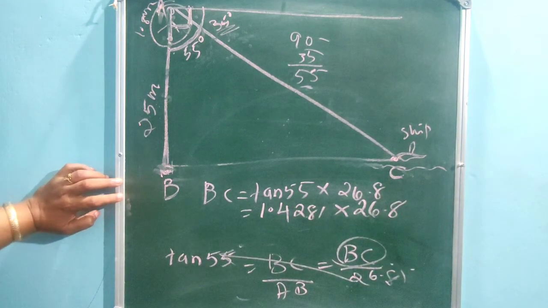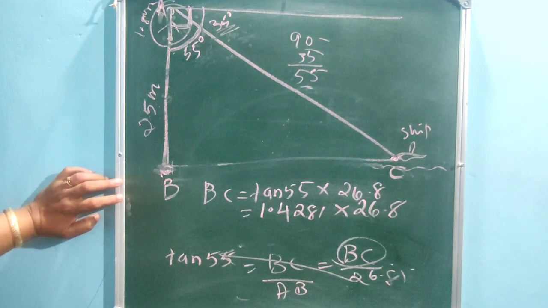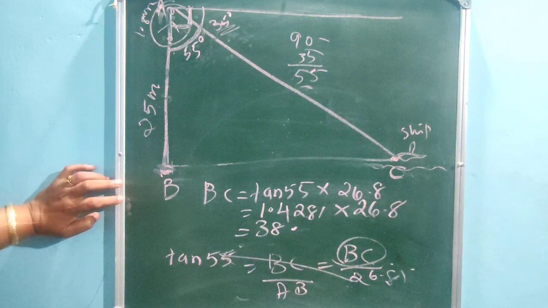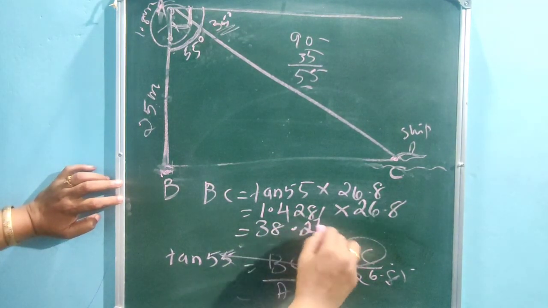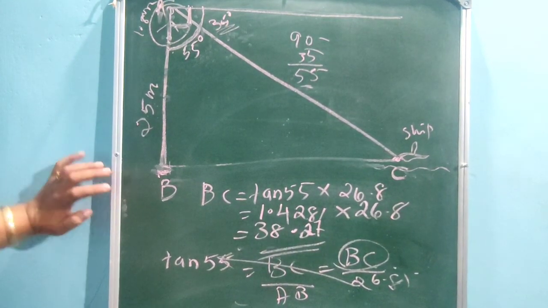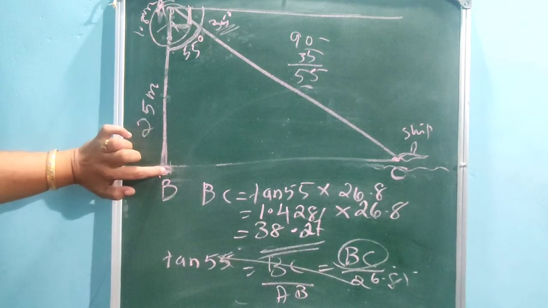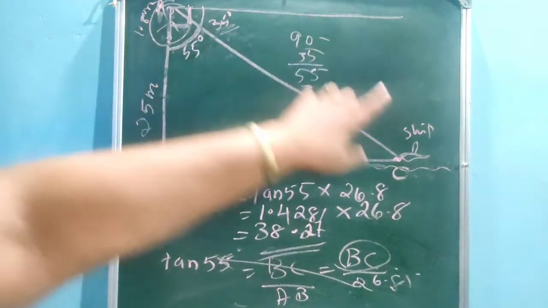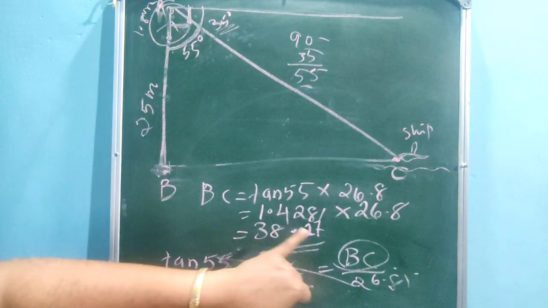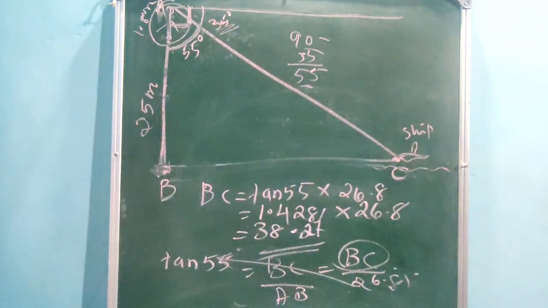If we find the answer, we get the approximate value as 38.27. 38.27 is the distance between the foot of the tower and the ship. That means the ship is 38.27 meter away from the tower.